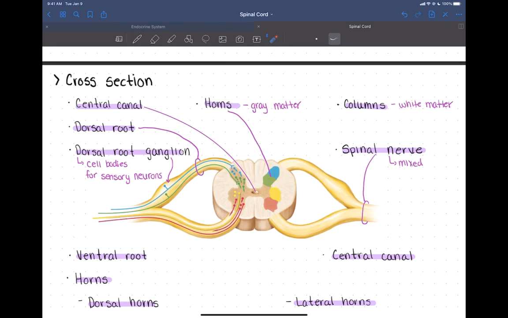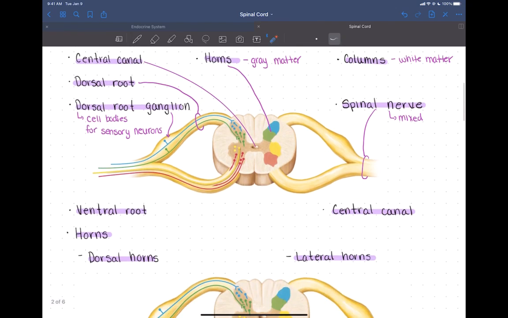So that's our sensory information. Sensory is afferent with the cell body in the dorsal root ganglion, and it sends its axon through the dorsal root. Now let's talk about motor information.